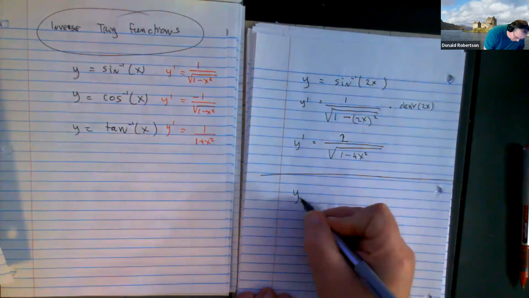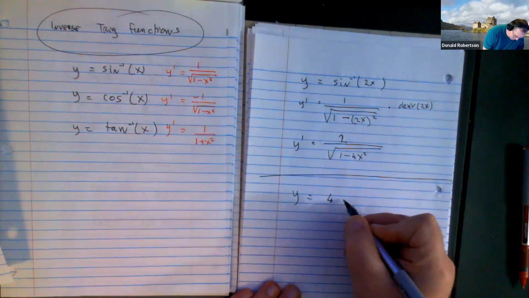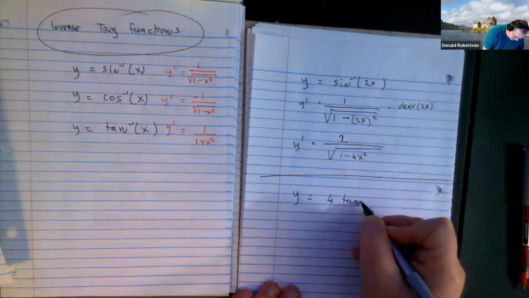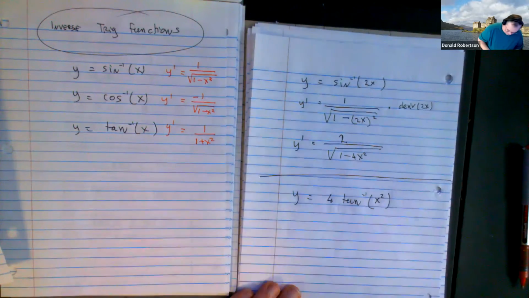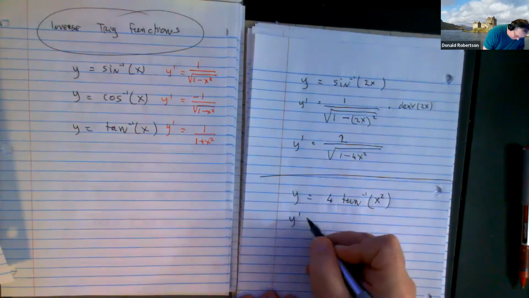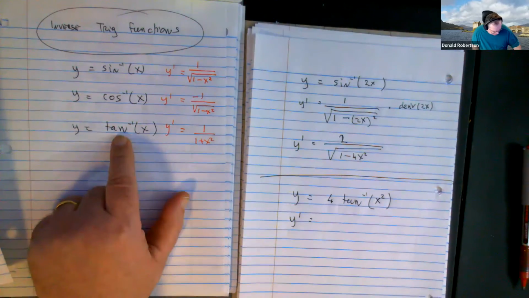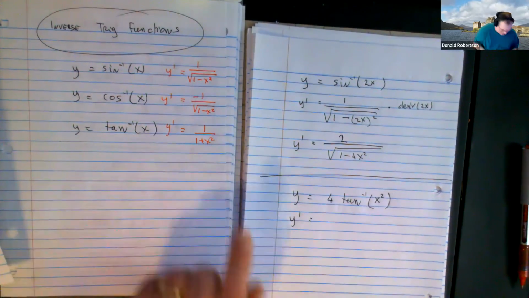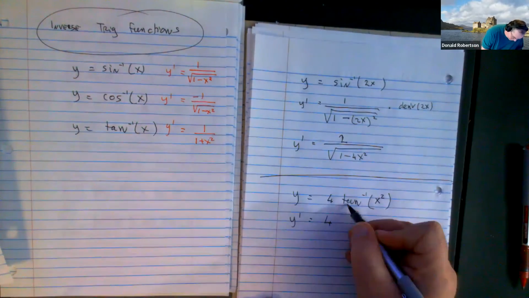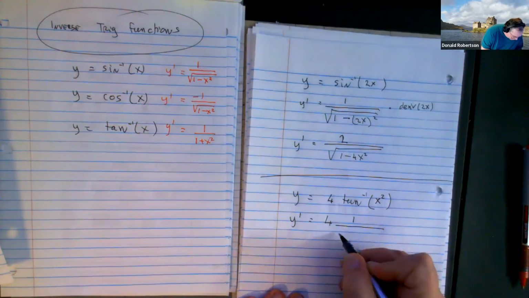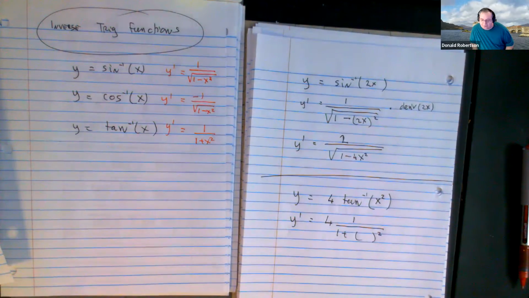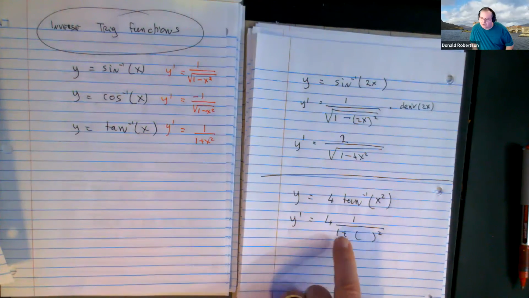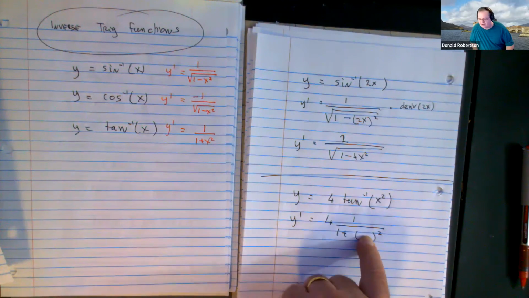Let's try another one. Suppose you wanted to do 4 inverse tan of x squared. Right. The inverse tan of x is this guy. So differentiating 4 inverse tans gets you 1 over 1 plus something squared. Will I just write 1 plus x squared, or will I put something else? In fact, what's going to go in where my finger is?